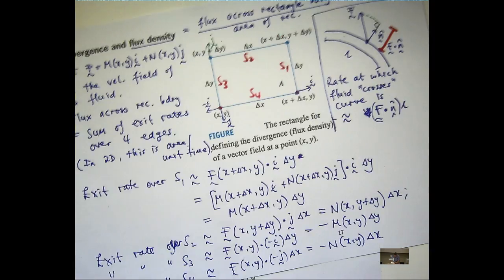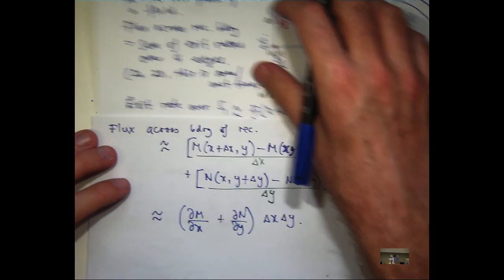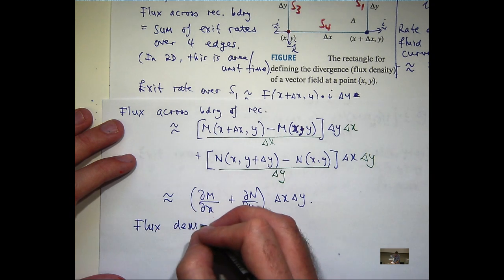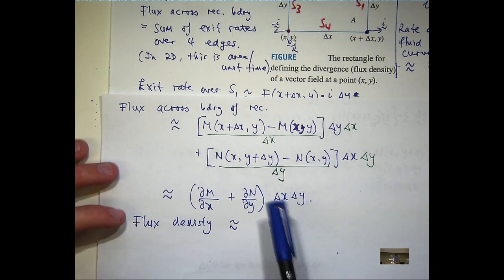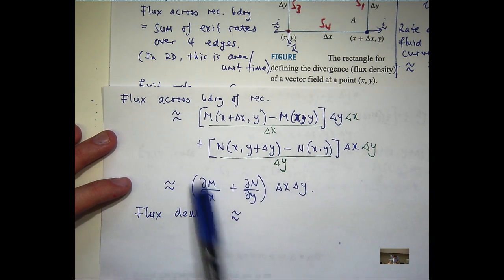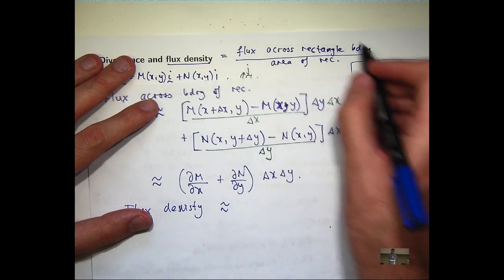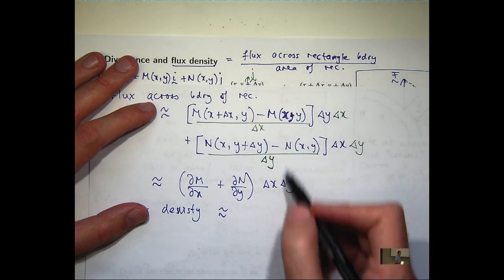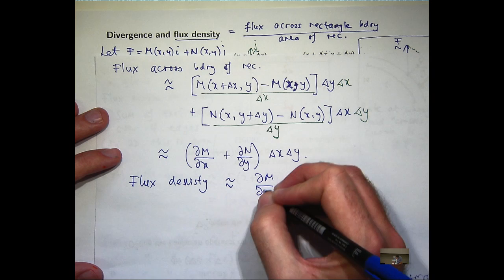So the flux density then is approximately equal to basically the divergence, because I can bring this to the other side. So essentially, using this up here, the flux across the rectangle boundary is approximately equal to this. The area is delta x delta y. When I divide in, that delta x delta y will be cancelled out.